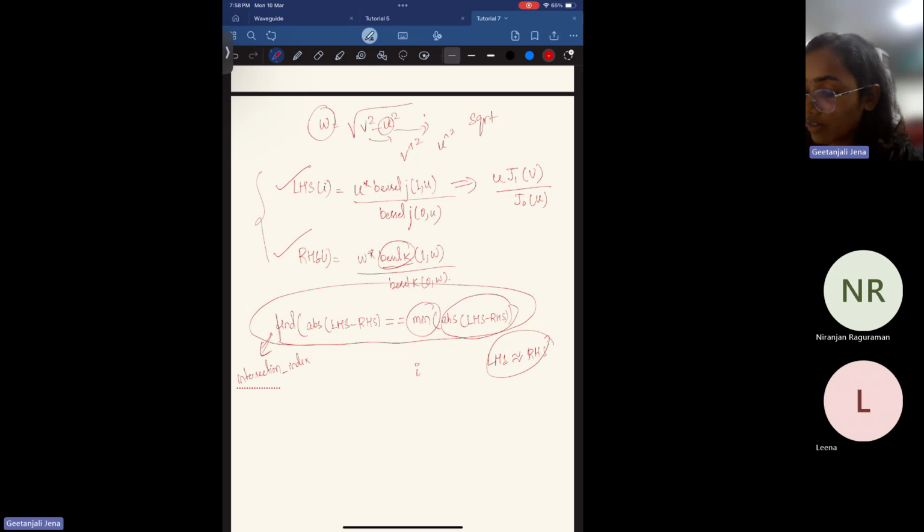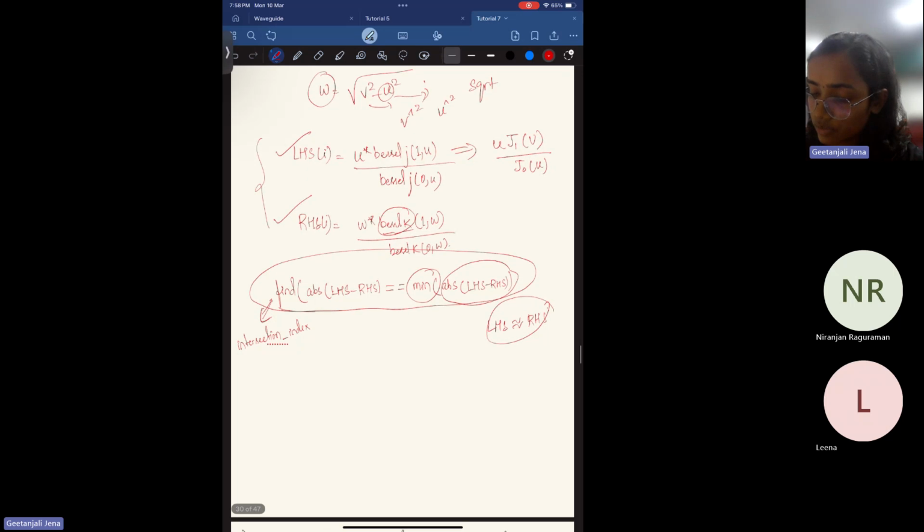So this will find the U index. After getting the U index, you can find the U solution, which is nothing but the U value at that index point. Let us say we are getting the solution at index 4.